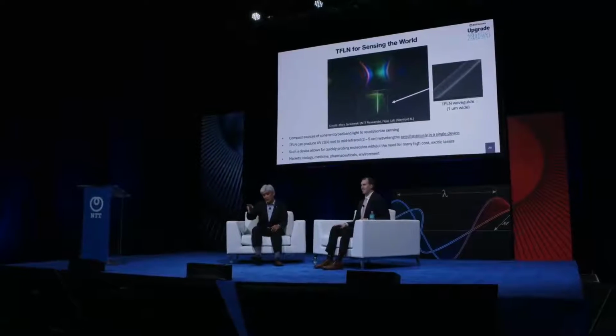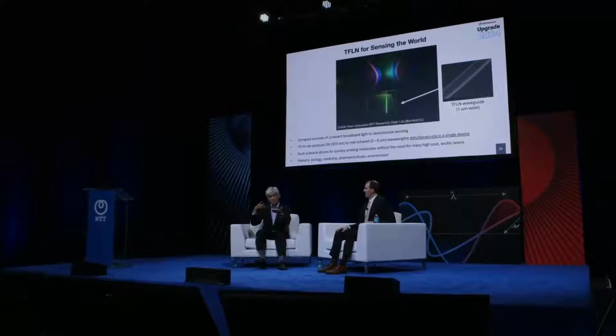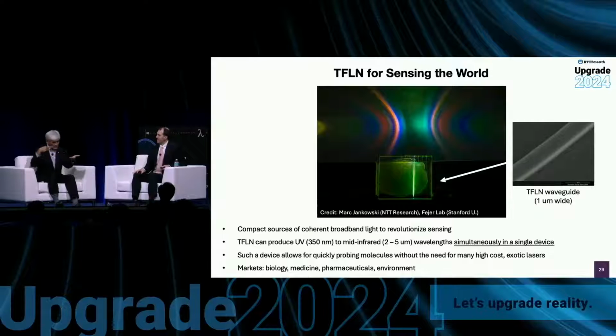But with this lithium niobate property, you just send the light in, and all kinds of wavelengths come out, including visible wavelengths. This chart is showing how this is done. Am I correct? Yeah, that's exactly what's happening.